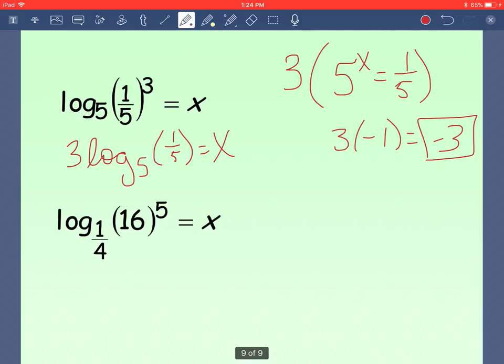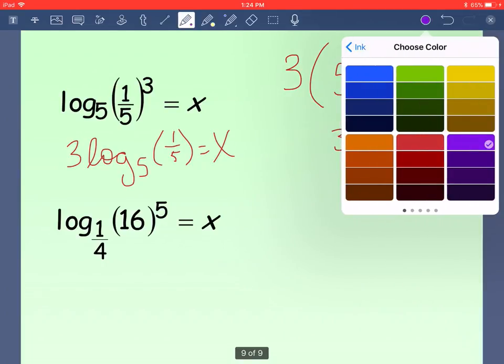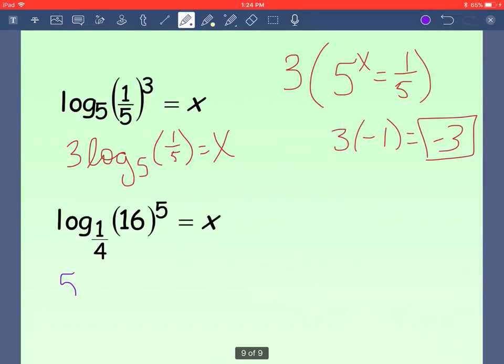My next example, I have log base 1/4 of 16 raised to the 5th power equals x. So rewriting it, I can pull the 5 out to the front. So it's 5 times the log base 1/4 of 16 equals x.